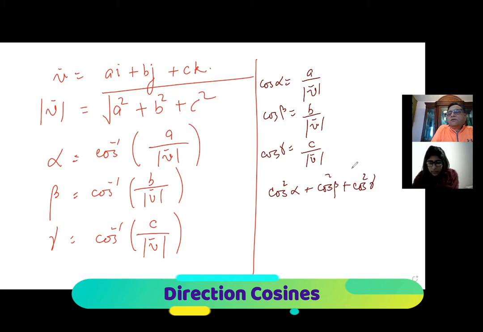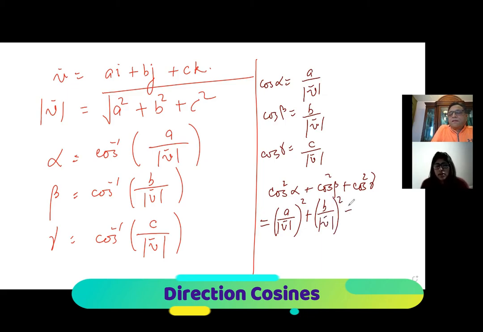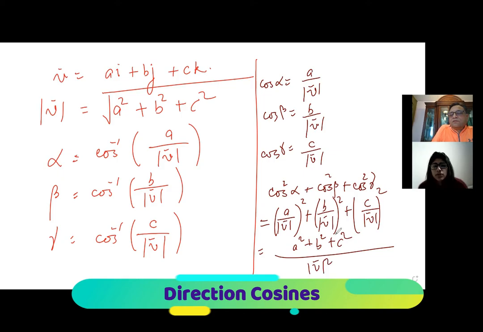Can you tell me? Just a square of all of them, each squared individually. So a over magnitude v whole squared, plus b over magnitude v whole squared, and c over magnitude v whole squared. What do you get? A squared plus B squared plus C squared over magnitude V squared, which is a square plus b square plus c square over a square plus b square plus c square. Do you see that?